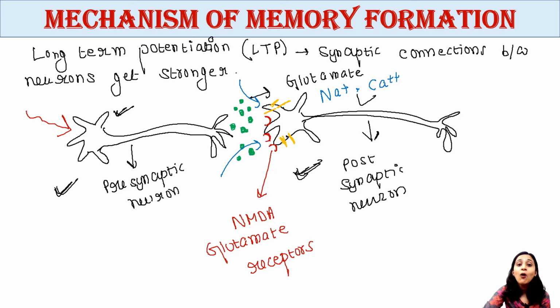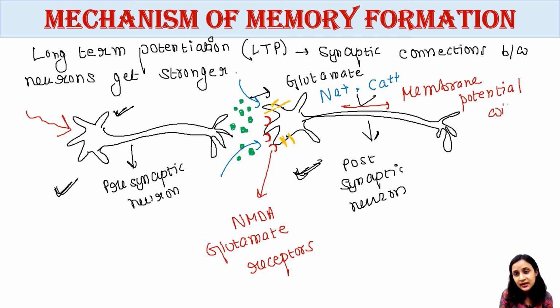The number of ions that enter the postsynaptic neuron alters the membrane potential. So the membrane potential will change due to the entry of some ions, and this event strengthens the synaptic connections between pre and postsynaptic neurons.